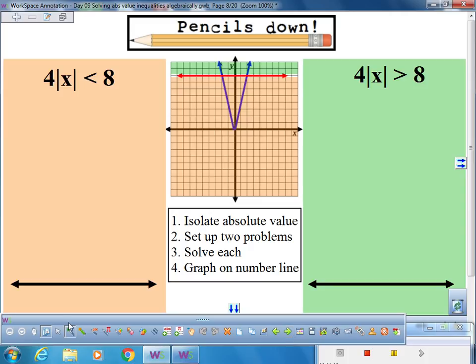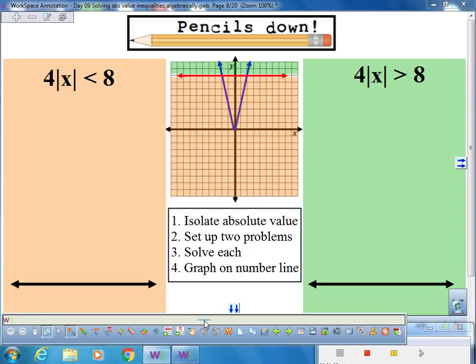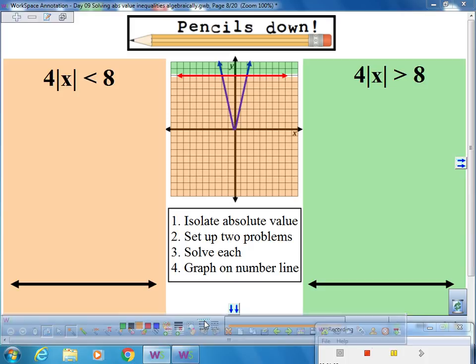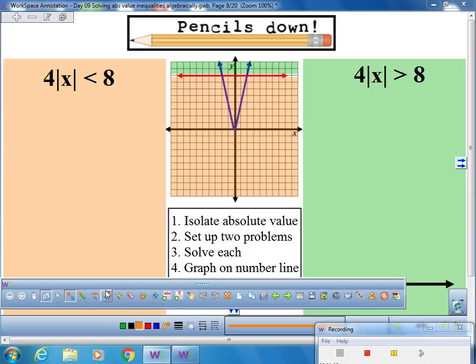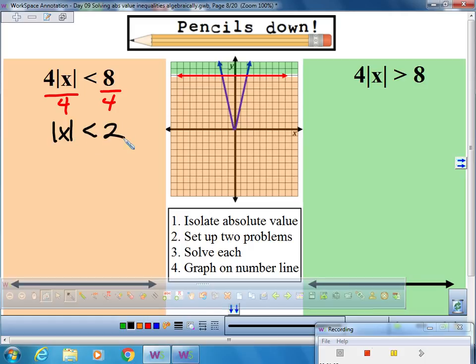Okay. So on this side, what was my first step again? Isolate absolute value. This absolute value is currently being multiplied by 4, so in order to get rid of that, I'm going to divide by 4. When I divide by 4, I now have absolute value of x is less than 2.